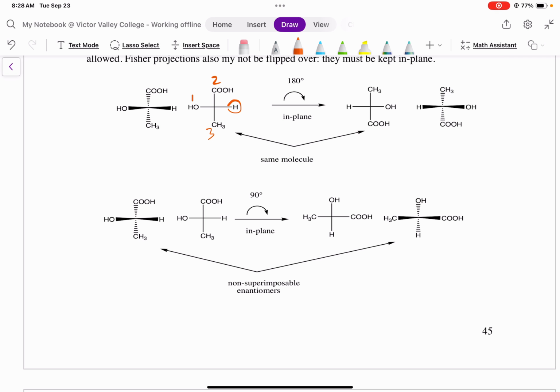And when you rotate 90 degrees, okay, and then you turn that into hydrogen now is away. So that's 1, 2, right, 3.